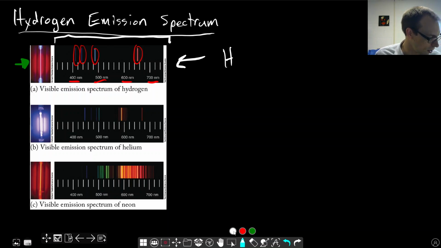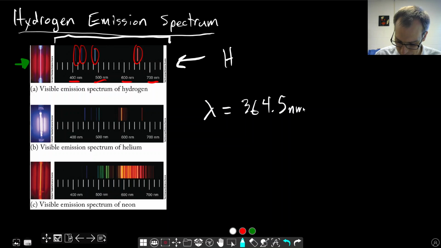in 1885, that you could write an equation that could predict these lines that we see here, the visible lines. You multiply by a constant, and you get m squared over m squared minus n squared.